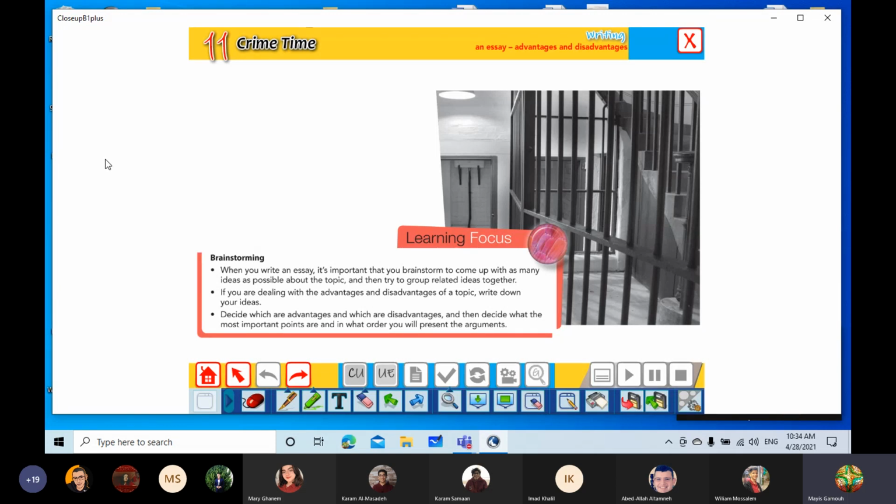We collect ideas and sort them into groups that are related to each other. Since our essay is about advantages and disadvantages, our ideas should be put in two groups, the advantages group and the disadvantages, or pros and cons, group. Then we will start writing our essay.